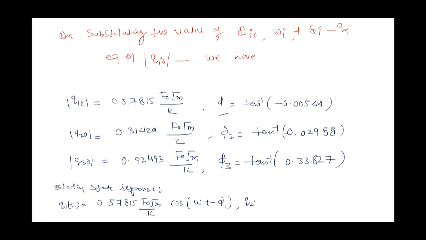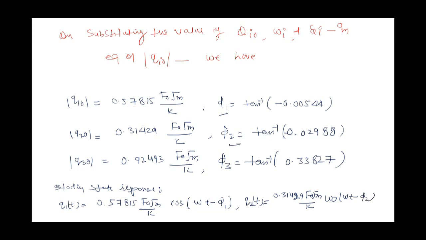Similarly, Q2(t) can be written as 0.31429 f naught under root m over k cos(omega t minus phi 2).